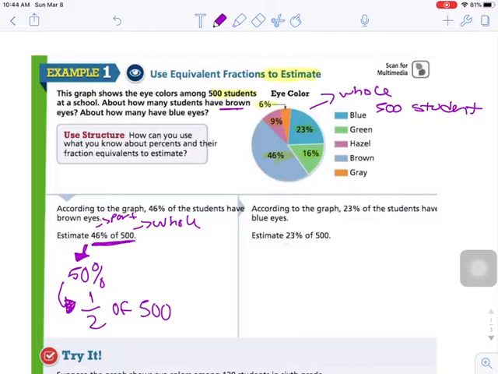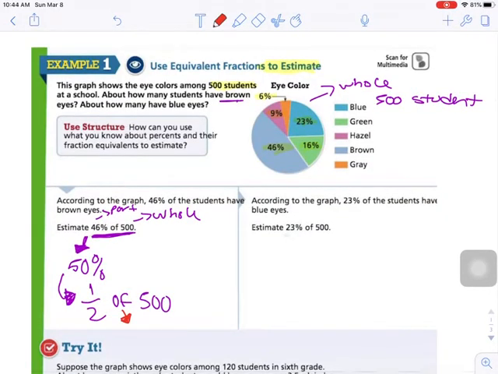And now this is where we can use our word of. What operation does of mean? If you guys remember from our previous units, of means to multiply. So all we have here is 1/2 times 500.